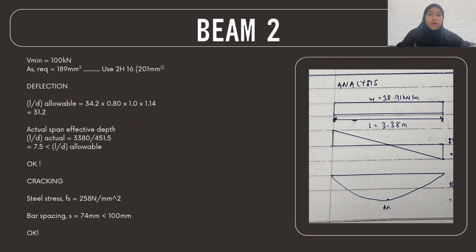Since 7.5 is less than 31.2, the beam satisfies the deflection requirement. For cracking, the steel stress is 258 Newtons per square millimeter and the bar spacing is 74 millimeters, which is below the limit of 100 millimeters. So cracking is also acceptable.